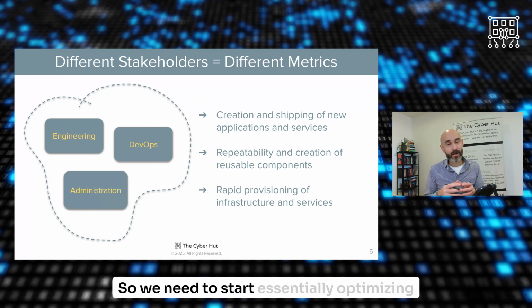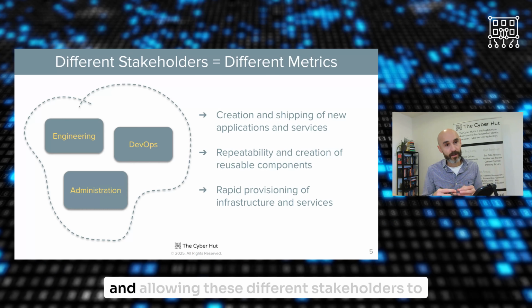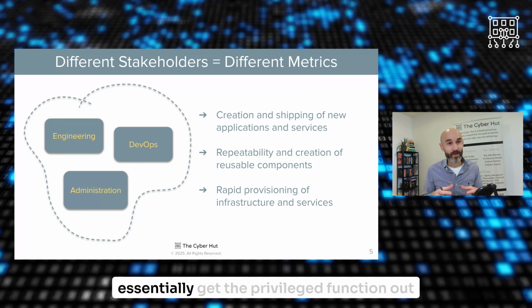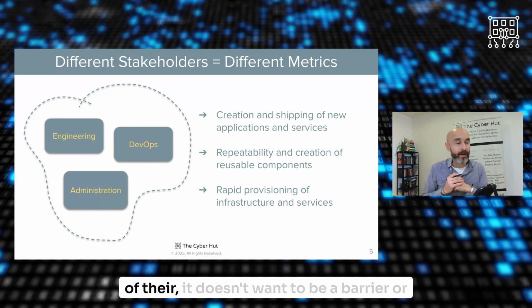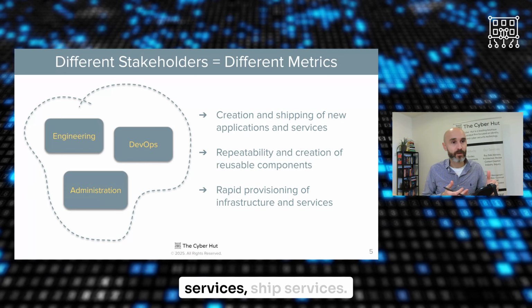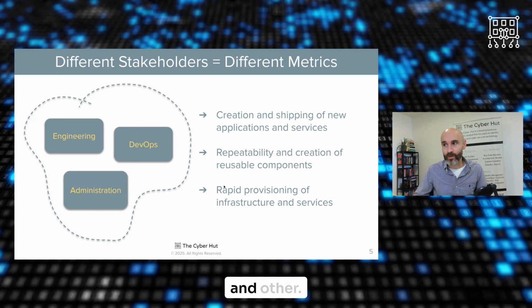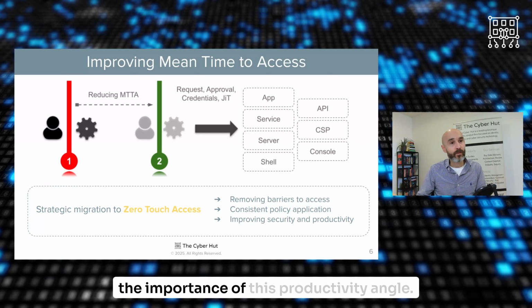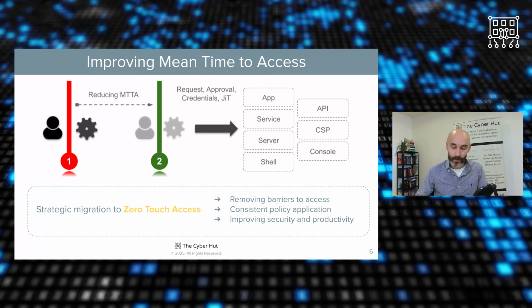So we need to start optimizing and allowing these different stakeholders to gain access to those privileged systems in a much more streamlined and faster way, so that the privilege function wouldn't be a barrier or an inhibitor to allowing them to build services, ship services and other. And this is where we start to accelerate and see the importance of this productivity angle.